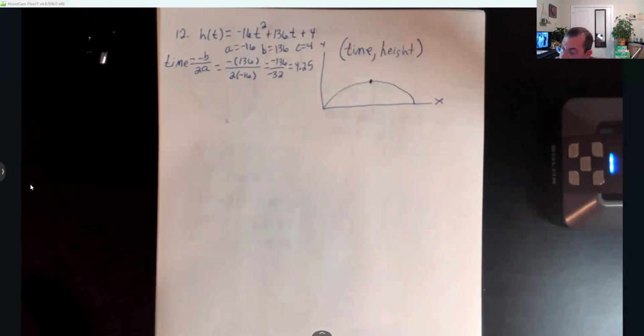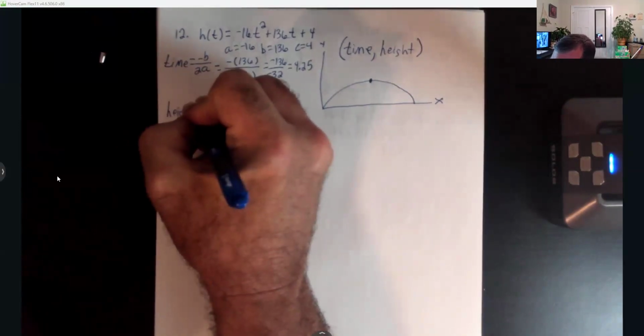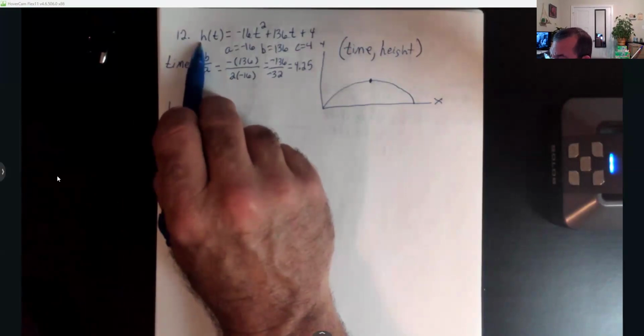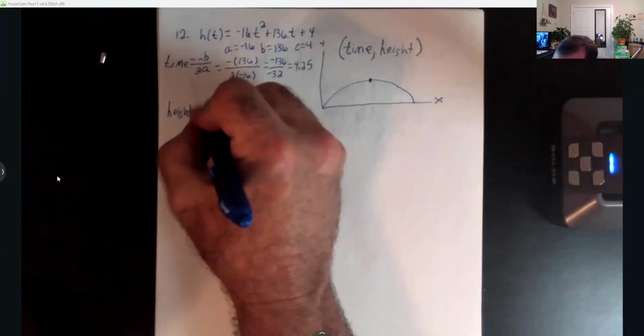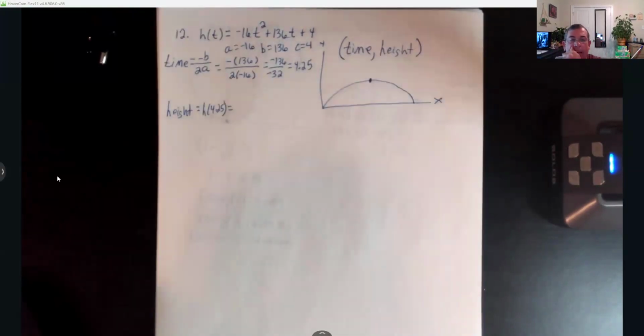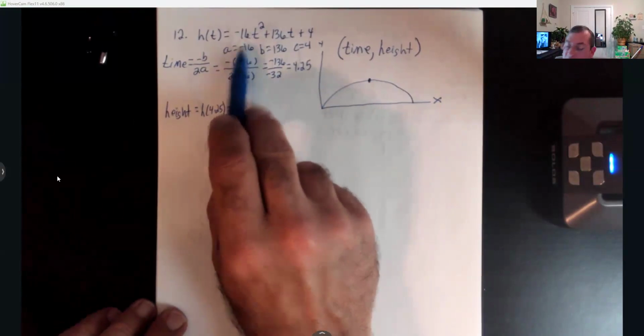So now I need to know what is the maximum height. Well, that's going to be f, well, in our case, H of 4.25, because that's what my time was. So I put time in for this H equation now.